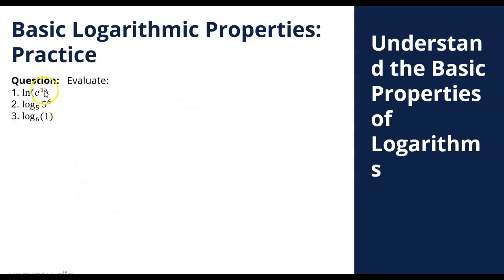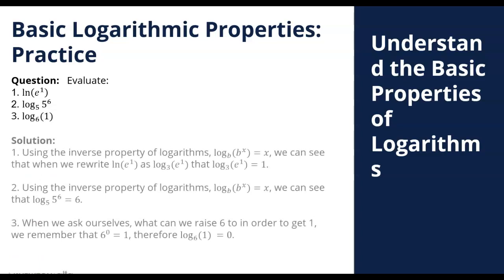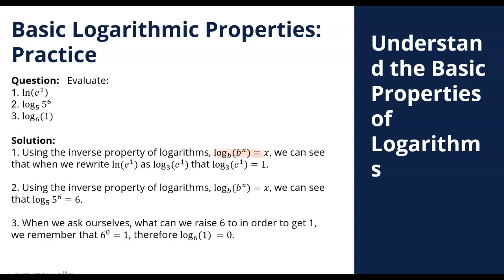Now let's answer the following questions using the basic properties of logarithms. For number 1, we have ln e to the first power. To answer that, we are just going to use the inverse property of logarithms, namely log of b to the x base b is equal to x.